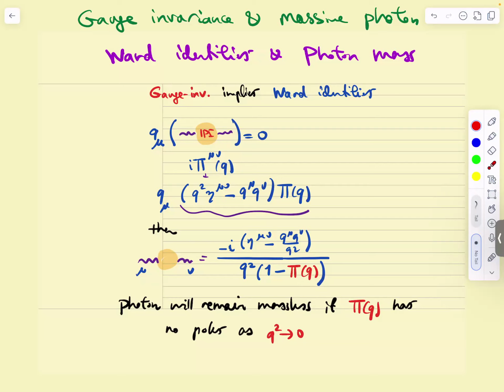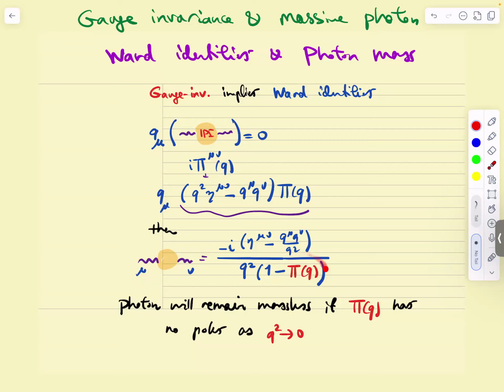Here is, if you recall, the key idea: the photon had to remain massless, and that will be true if Π(q) has no poles as q goes to 0. What you would worry about is that if it's 1 over q squared, in the limit of q going to 0, you have the right pole, it's massless, everything is good.